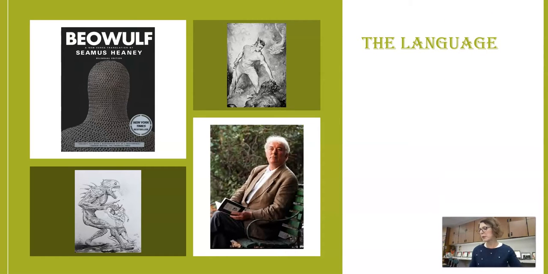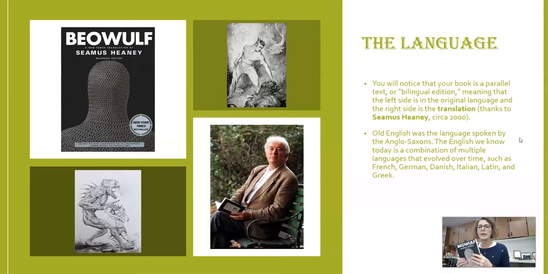If you have your book, you will notice that you have what's called a parallel text or a bilingual edition of your book. So when you open it up, I'm just going to go ahead and open up to page 92.